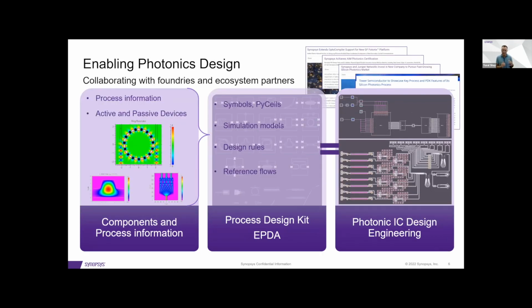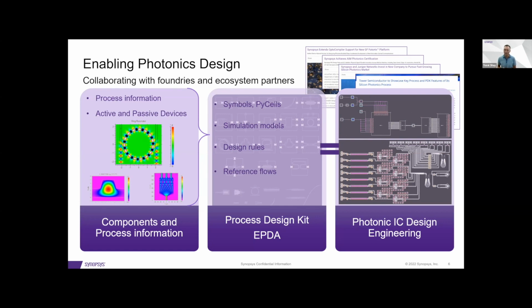But before I talk about the design platform itself, I'll talk about the enablement, because this is the most important and crucial piece of making it all work. We somehow need to bridge, as I mentioned earlier, between those physicists and the device physics to the engineers, and we do it with those process design kits. And we are collaborating with all the foundries in the photonics space. We are working, of course, very, very closely with OpenLight, and we are working very closely also with Tower.